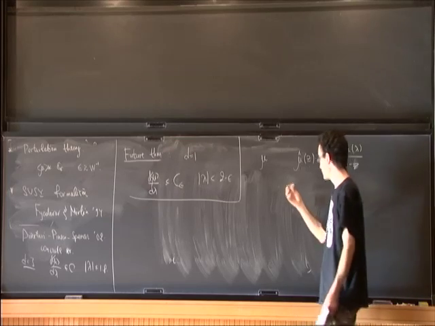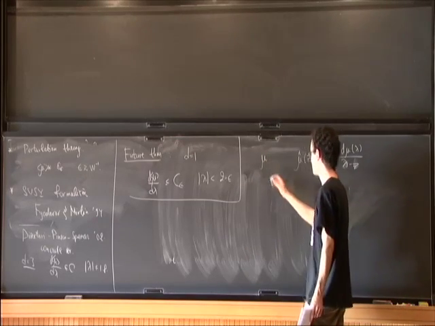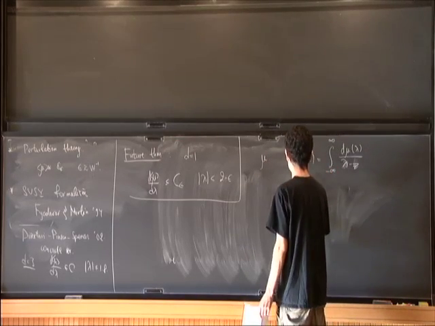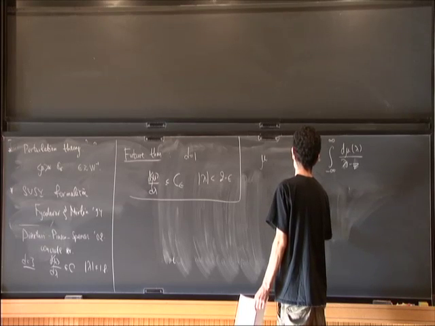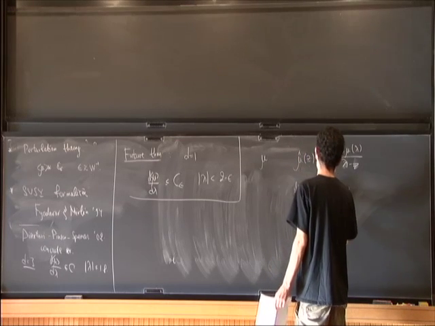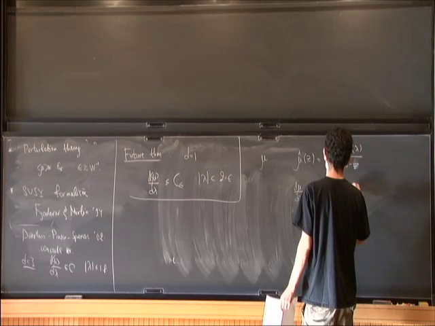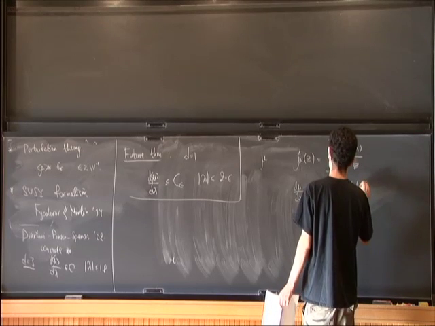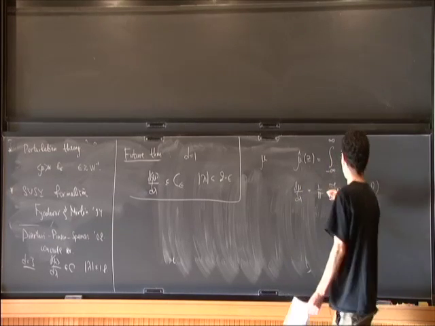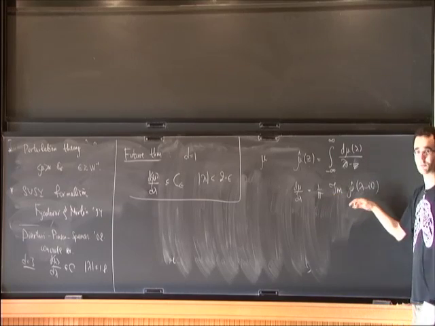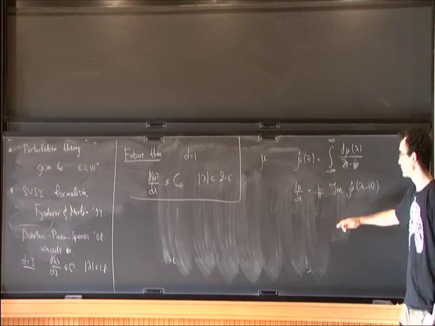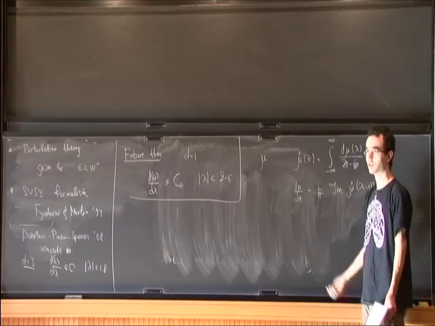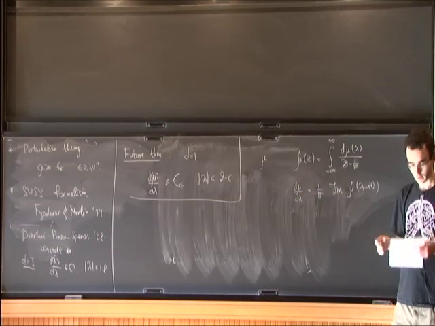For example, if you want to show that a measure has bounded density, it is known that the density of mu is equal to 1 over pi times the imaginary part of mu hat at lambda minus I0. So if you manage to show that this quantity stays bounded as you approach the real axis, you show that the measure is absolutely continuous.